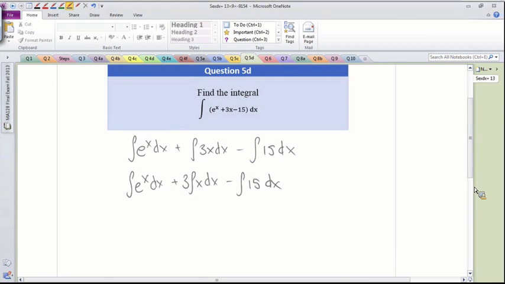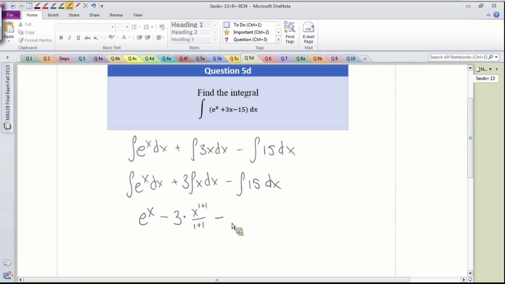And our last step would be just to integrate. The integral of e to the x dx is just e to the x. The integral of x is just the power rule, so 3 times x to the 1 plus 1 over 1 plus 1, minus the integral of 15.